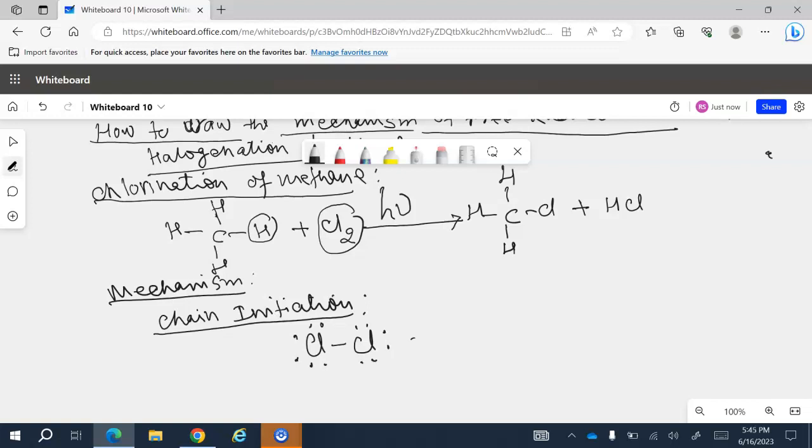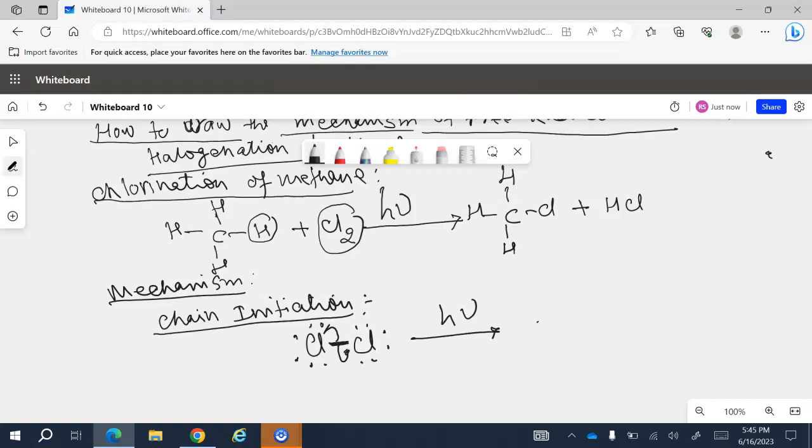In the presence of sunlight, h nu, this chlorine-chlorine covalent bond will break homolytically. Homolytically means one electron goes to one chlorine and one electron goes to the other chlorine. Check the half arrows: one electron each is distributed to each chlorine.